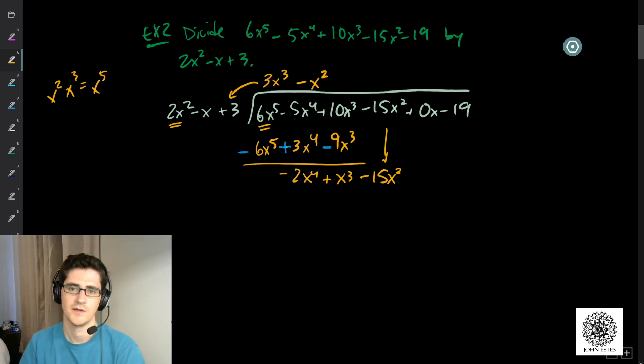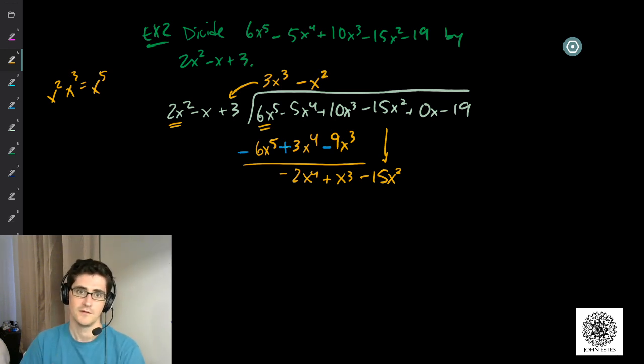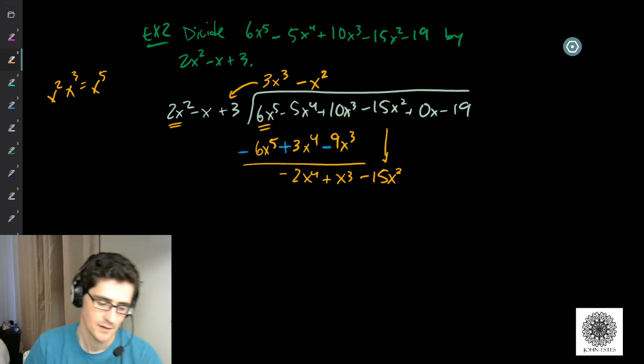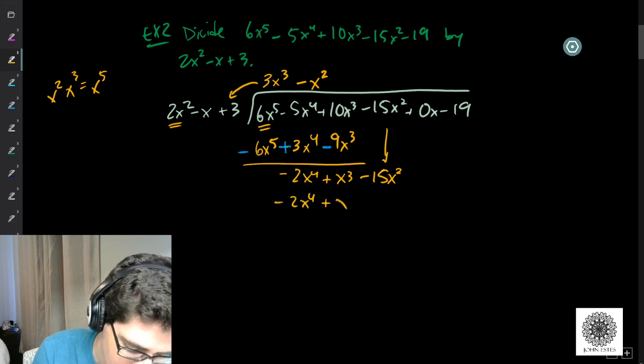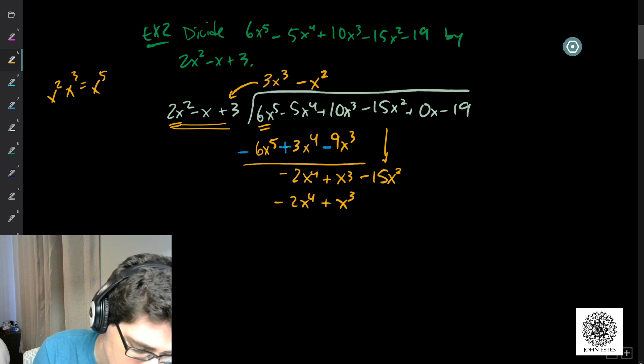X squared times x squared gives me, you add the exponents, x to the fourth. Alright, so when I distribute the negative x squared, I get negative 2x to the fourth plus x cubed minus 3x squared.